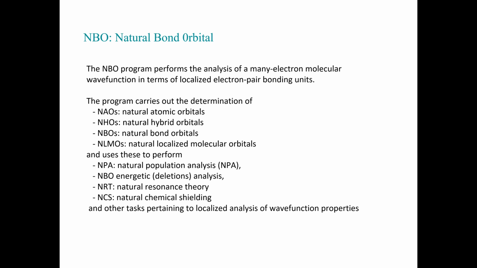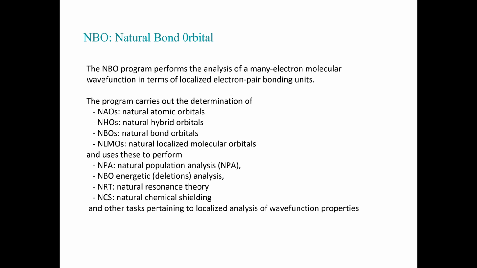NBO performs the analysis of many-electron molecular wave functions in terms of localized electron-pair bonding units. So it's basically chemistry. We're all chemists, so we understand that it's chemically intuitive and matches the Lewis structures we are familiar with. So it's a good thing.